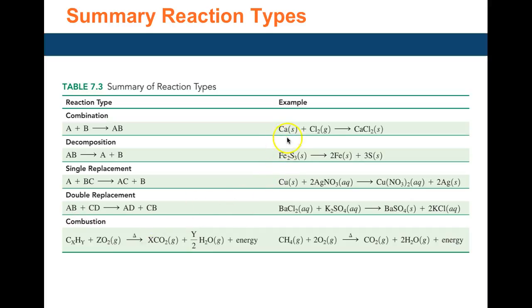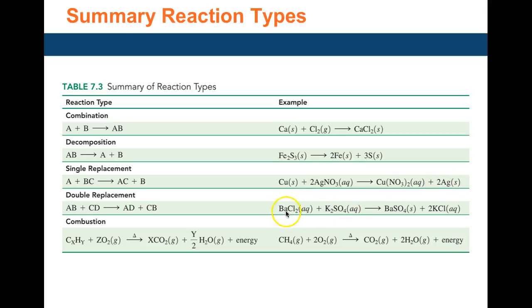So calcium and chlorine forming calcium chloride, that's combination, single product. Iron sulfide breaking up into iron and sulfur, that's a decomp. Copper pushing out silver from silver nitrate, that's single.